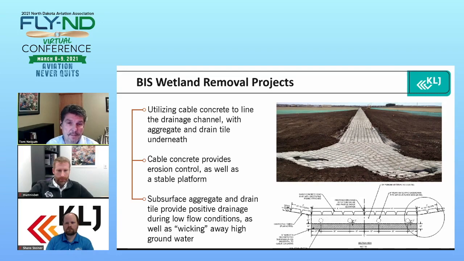So what happens is in the larger flows, of course, the water fills up in these areas and whooshes through over the top of the cable concrete, and the cable concrete helps hold these areas so that there's no erosion. But the second thing is the subsurface drainage, where this pipe and this aggregate serve like a wicking effect.